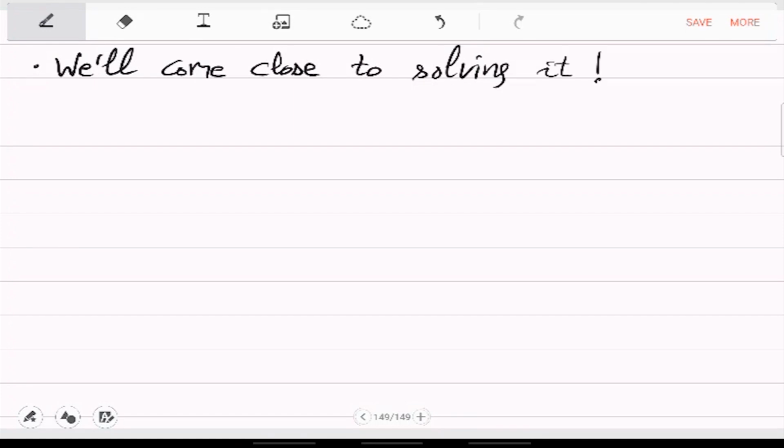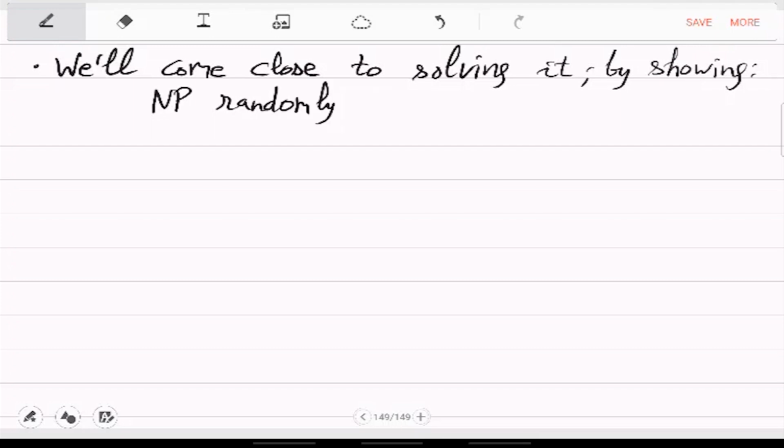So what we will show is, by showing that NP randomly reduces to parity P. Okay, so then it means that parity P is hard.